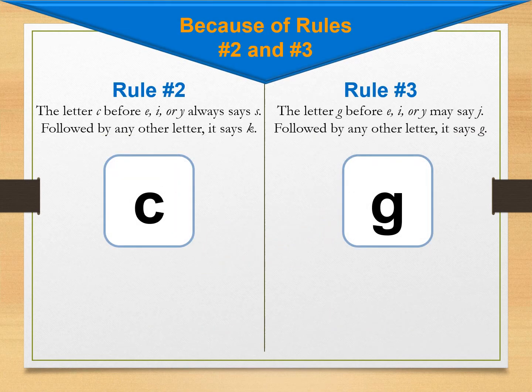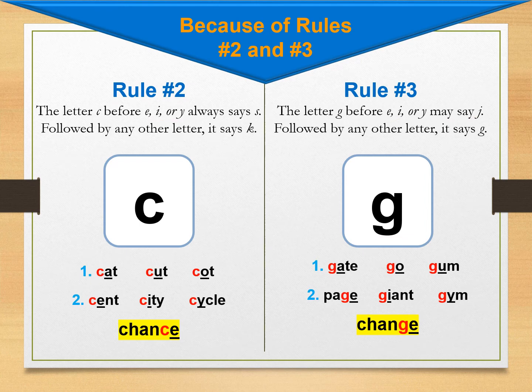Because of rules 2 and 3. You remember rule 2, the letter C before an E, I, or Y always says S. Followed by any other letter, it says K. Same with G. The letter G before an E, I, or Y may say J. Followed by any other letter, it says G. So words like chance and change need that silent final E to make their soft sounds.